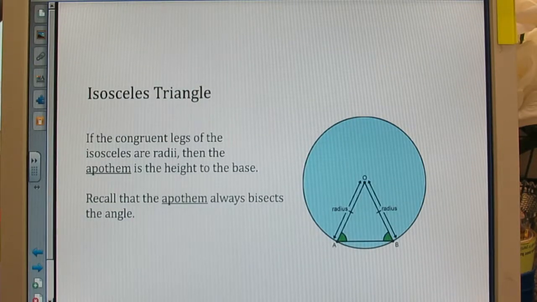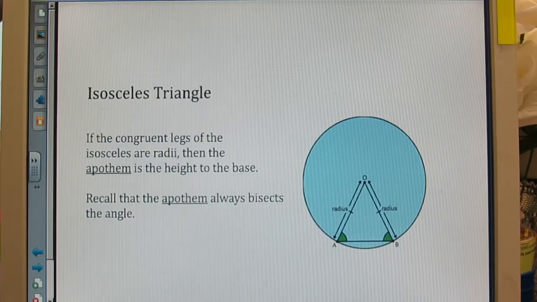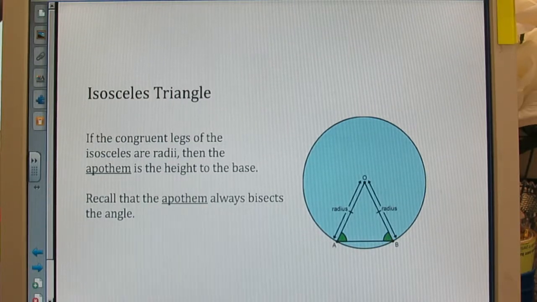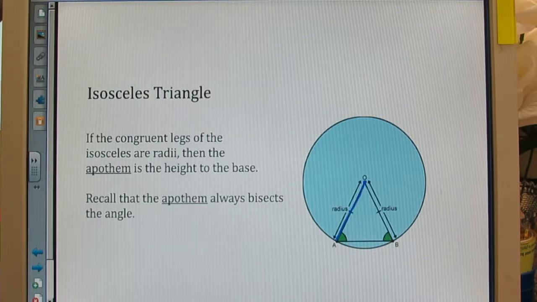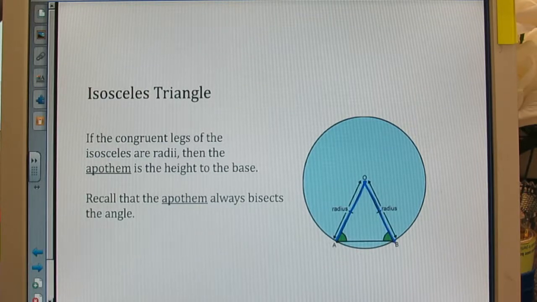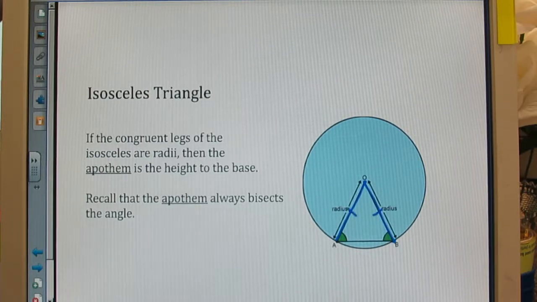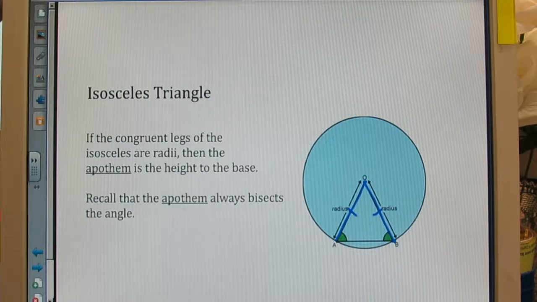So here I have triangle AOB, and it's an isosceles triangle. So the congruent legs of the isosceles triangle are radii, OA and OB. They're congruent because we know that all the radii in a circle are congruent.